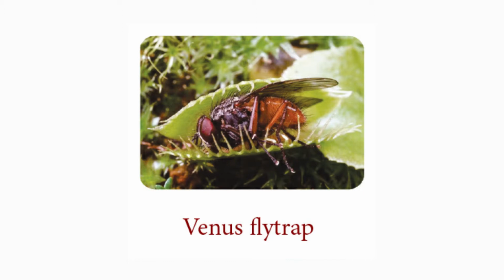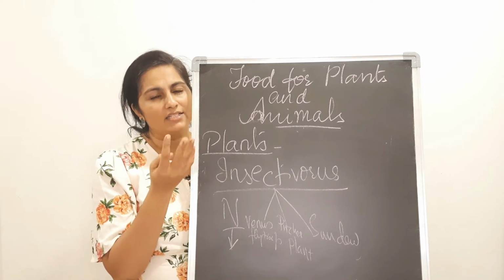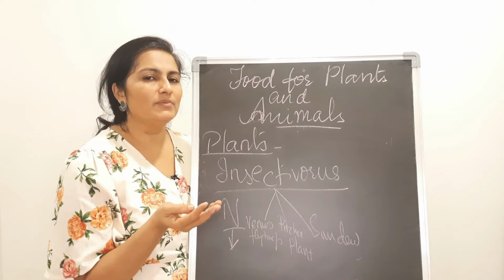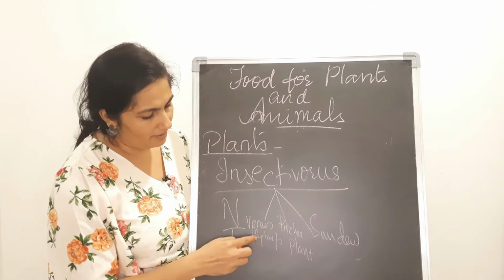Any insect that comes, even just flying past, will make these hair follicles very active. The moment something touches, the leaf will shut. So the insect will be trapped inside, and the surface of the leaf has digestive juices or digestive glands which will digest the insect. That is about the Venus flytrap.